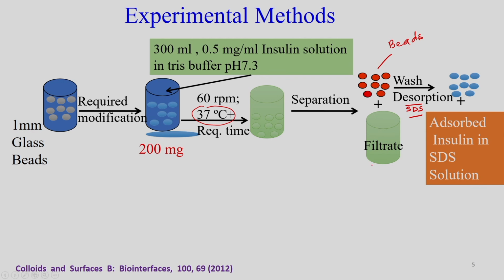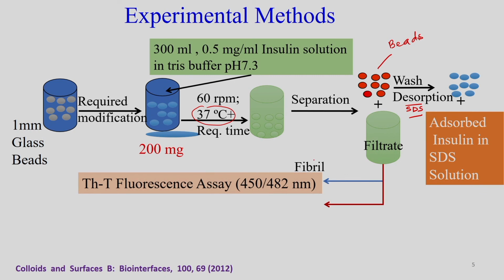Also we have the filtrate, which has the residual protein as well as the aggregate, if formed. If you analyze this filtrate we can see whether there is an aggregate and also what is the remaining amount of protein.